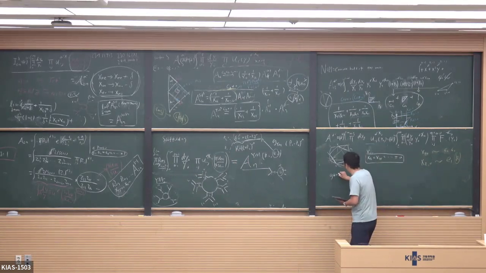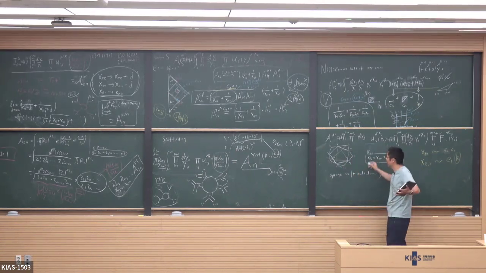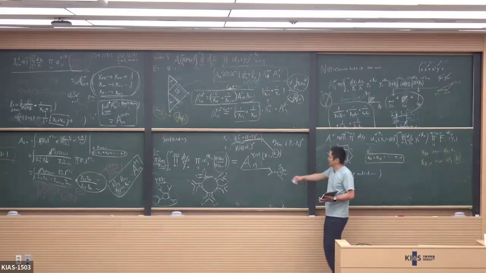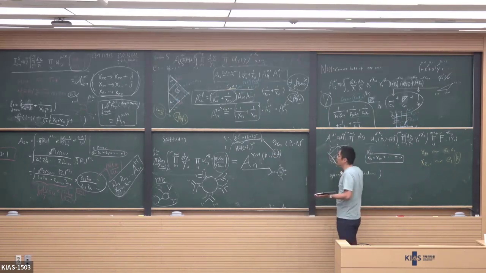The gauge invariance plus multilinearity. These are very basic properties of a gluon amplitude. Everything is multilinear in epsilon. It's linear in every epsilon. That's like a definition, right? But from this point of view, it's not clear at all.